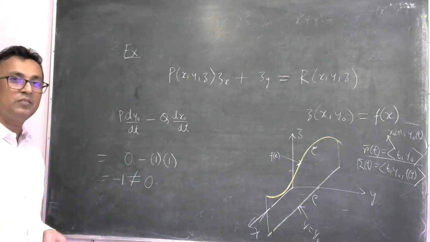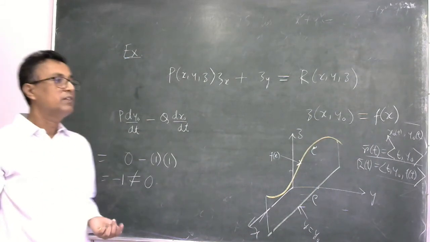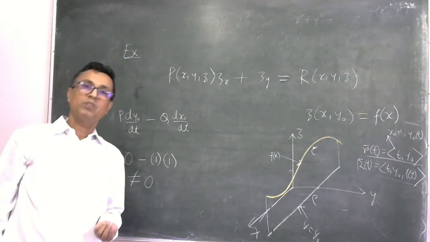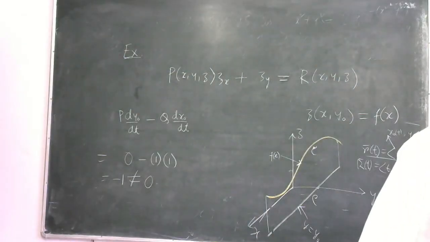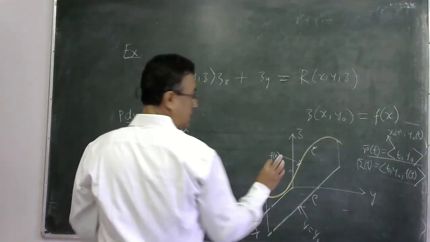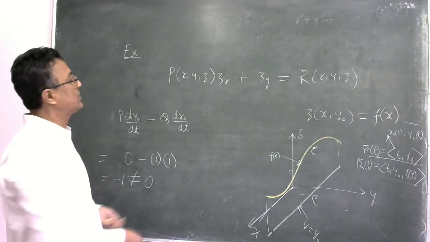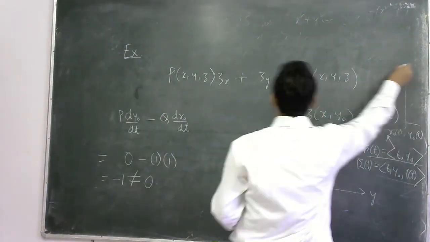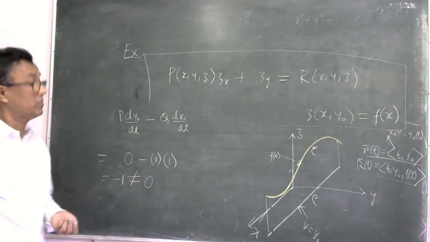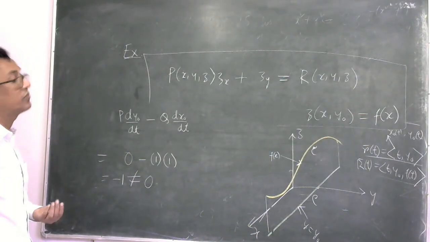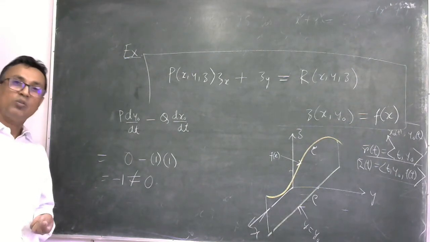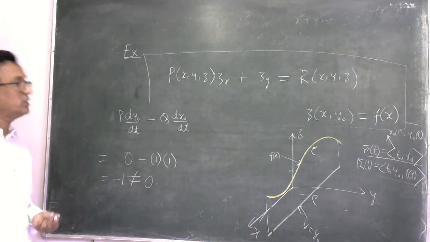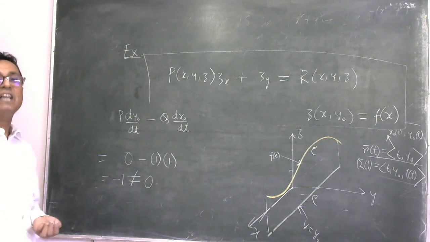So through the given theorem, you'll always be able to find an integral surface, isn't it? That means whenever you are given a first order PDE of this form, there always exists a unique solution in the neighborhood of some point x naught y naught.